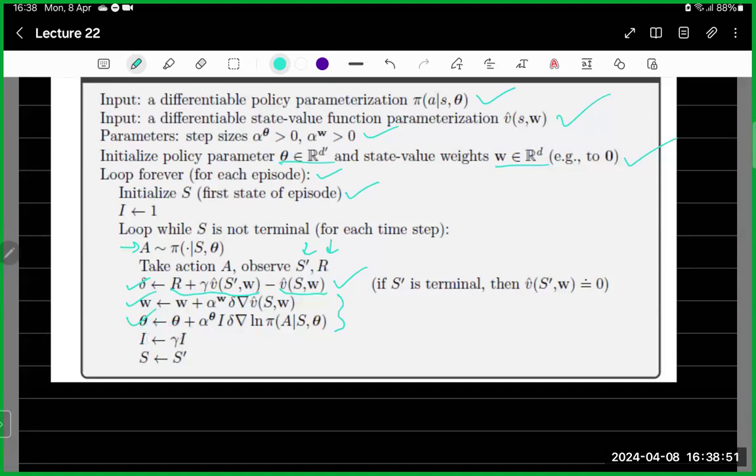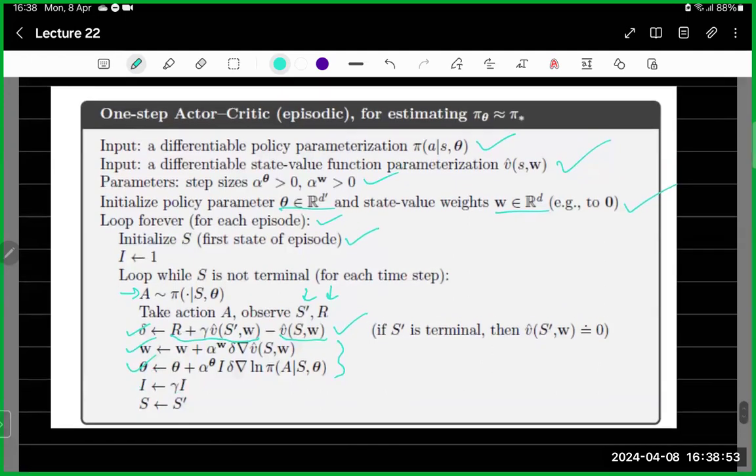So this is the actor-critic algorithm with the baseline, where the baseline is your V pi, right? If you want actor-critic without baseline, what is the change that you have to do?